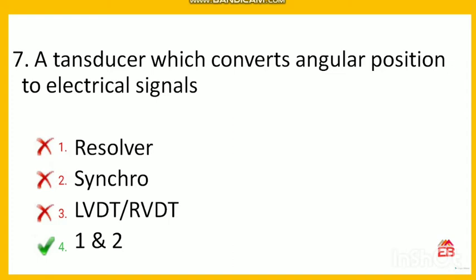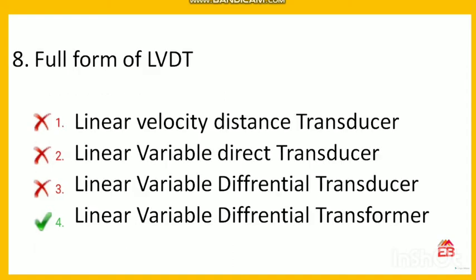So option 4 is correct, resolver and synchros. Next is the full form of LVDT. Options are linear velocity distance transducer, linear variable direct transducer, linear variable differential transducer or linear variable differential transformer. So the correct option is option 4, linear variable differential transformer.